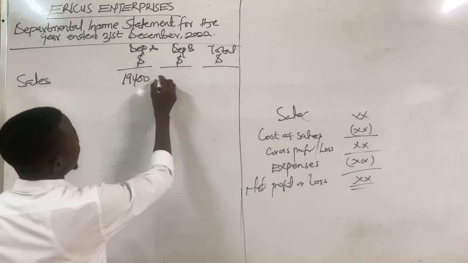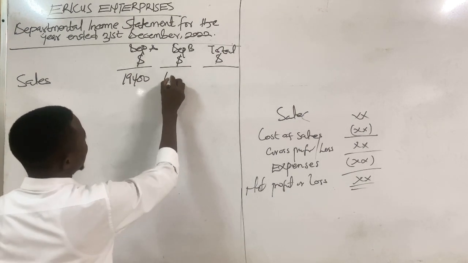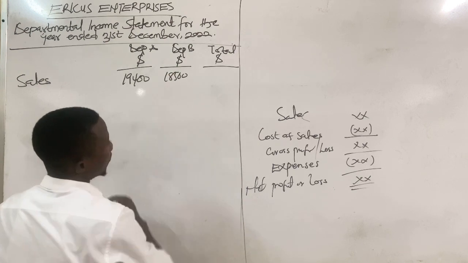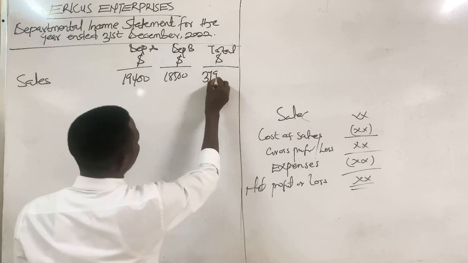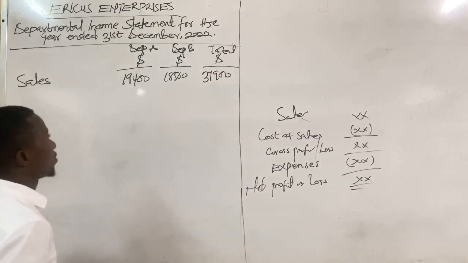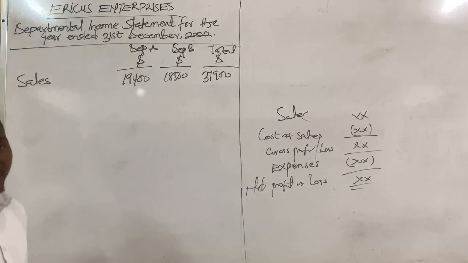Department B is 18,500, making a total of 37,900. Very good. From the question, there is no return inwards, so no adjustment will be made on sales.